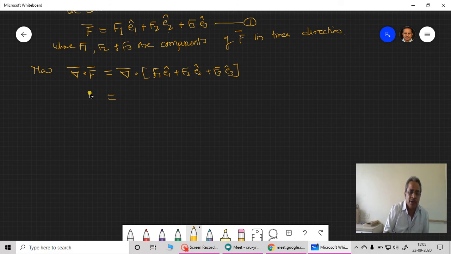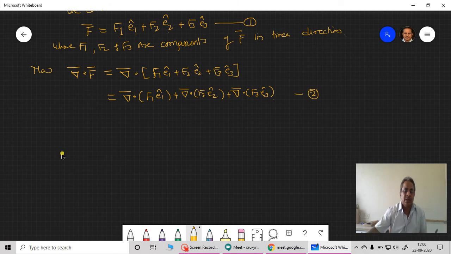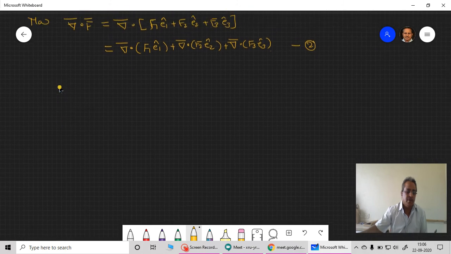So that is what I am doing here. Del bar dot F1 e1 cap plus del bar dot F2 e2 cap plus del bar dot F3 e3 cap. There should not be any objection over this. Call this equation 2. I have done nothing, I have just separated out the terms from the earlier equation.